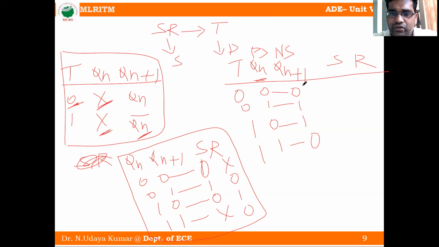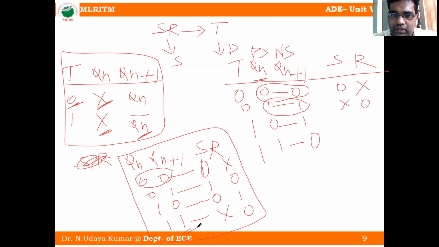If 0, 0 is given, what is the SR here? 0, don't care. Then 1, 1 is given. Here 1, 1 means don't care and 0 here.